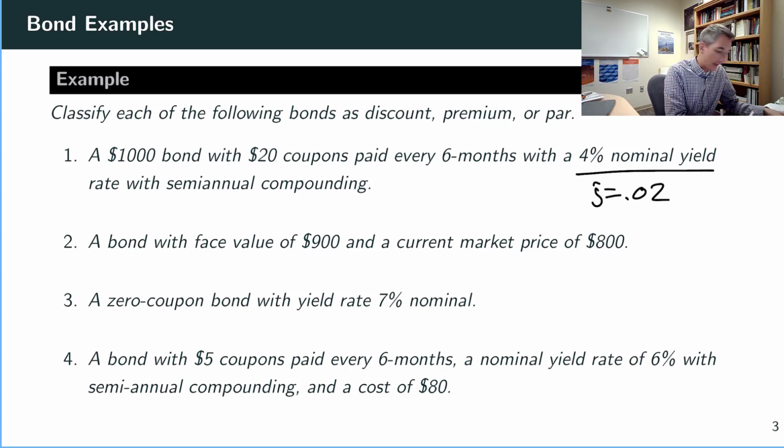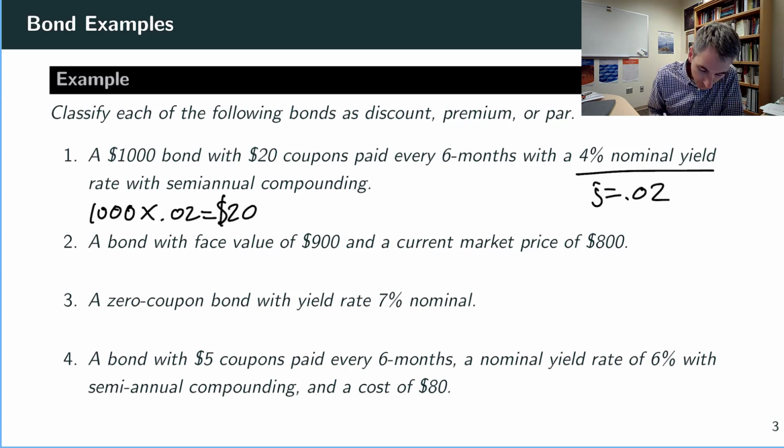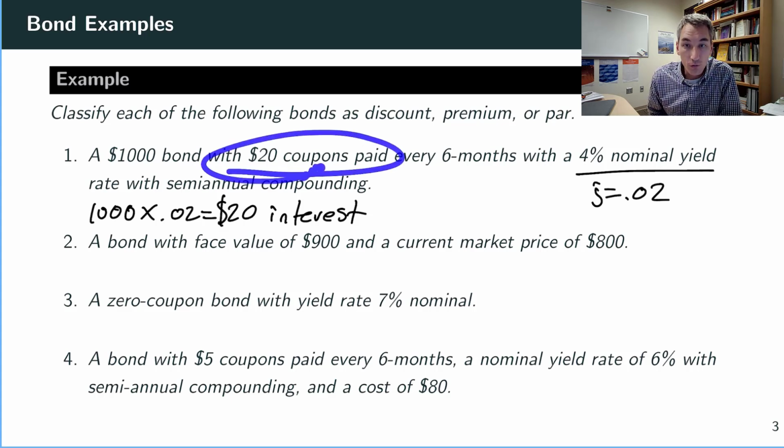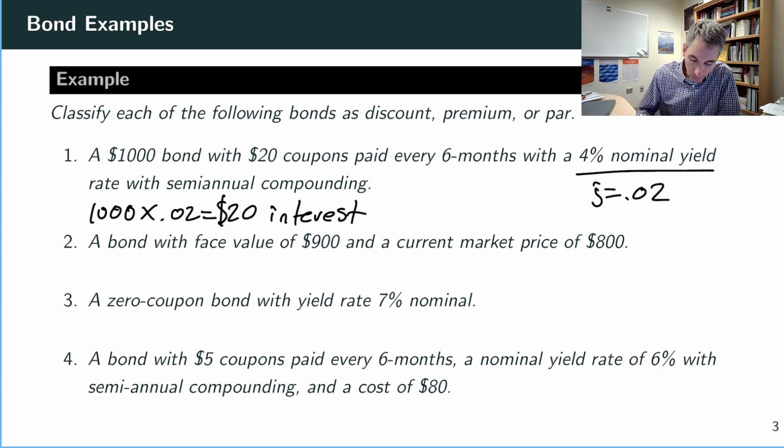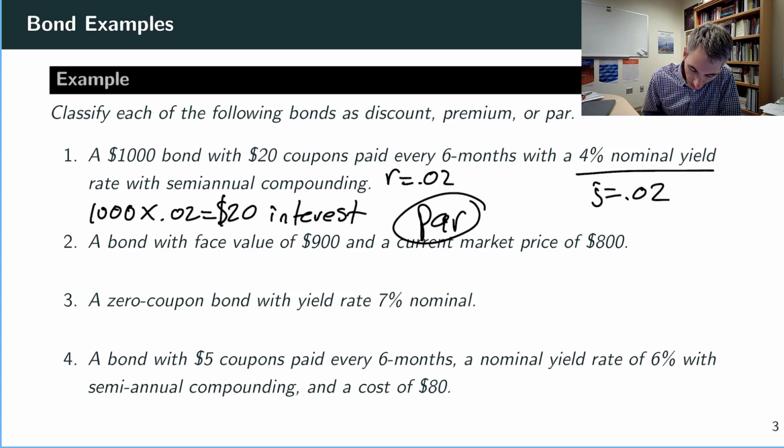Now, if you have a $1,000 bond and you've got 2% interest, that would be $20, right? 1,000 times 0.02 is equal to $20. So the interest on the bond is $20. The coupons are also $20. So that tells you if the coupon rate R is also 0.02, it's a par bond. So number one is par.